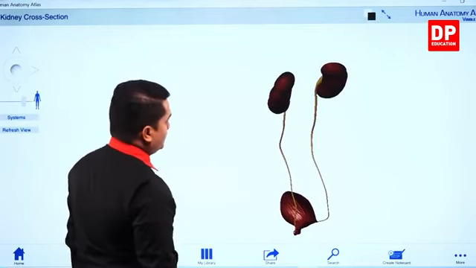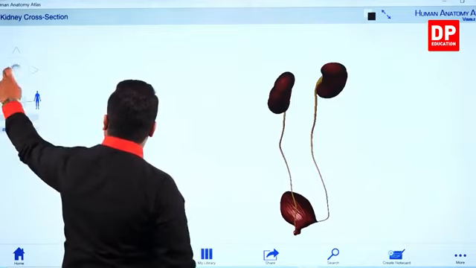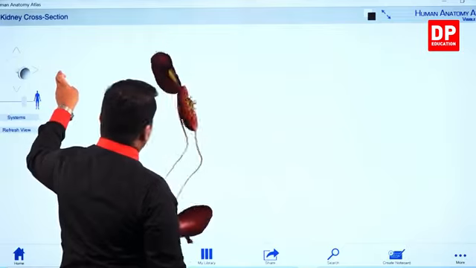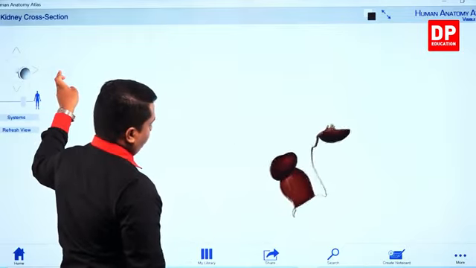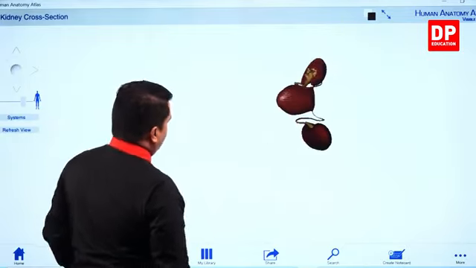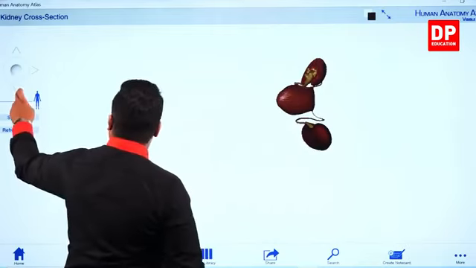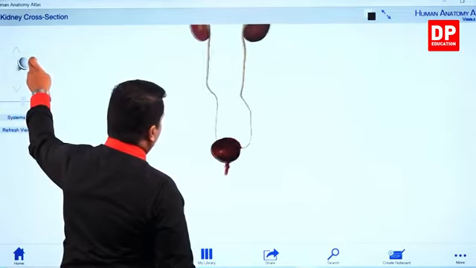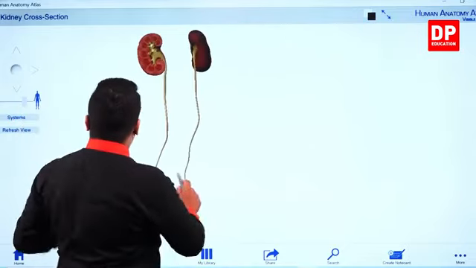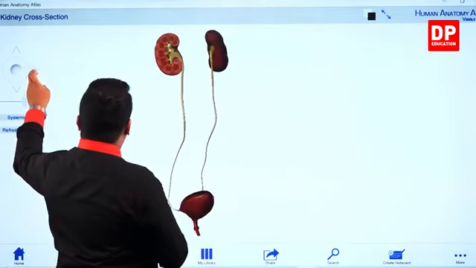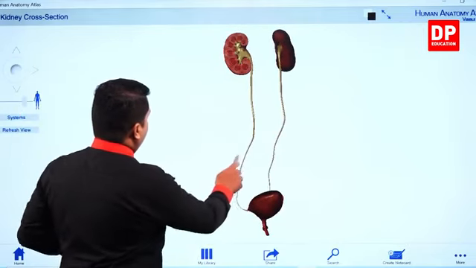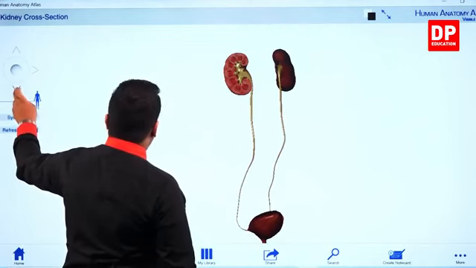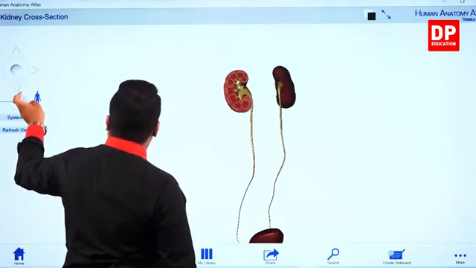Okay, right then. Once again, I'm going to take the structure over to here and show you the interior part.